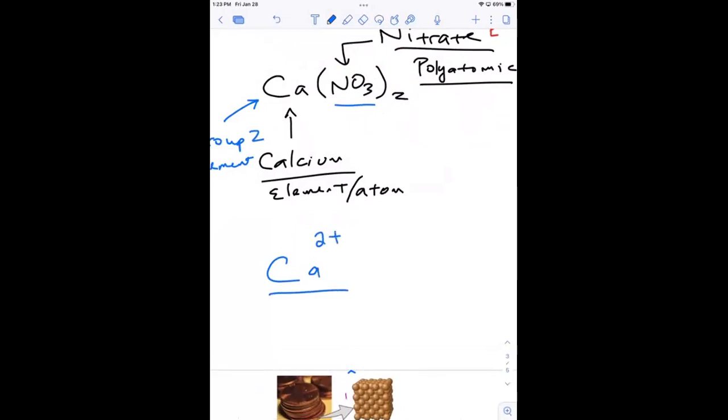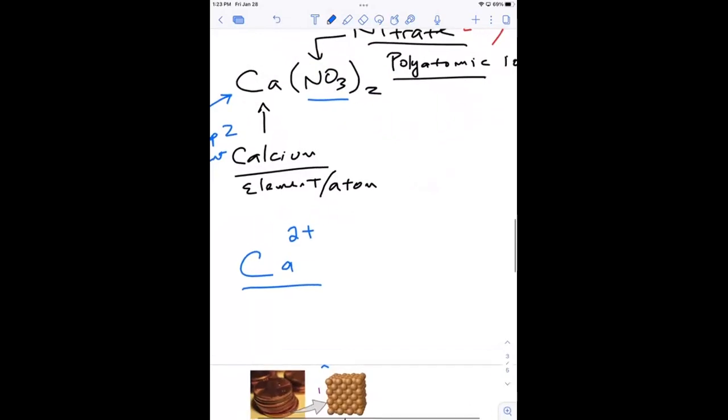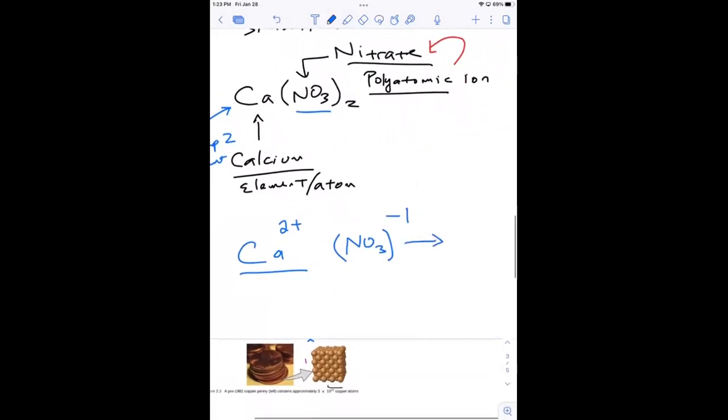Anytime you have calcium, it's got a +2 charge. And then when you take the nitrate, this whole thing together as a group has a charge of -1. Right. So when we combine these to make a compound of calcium nitrate, I'll show you what happens.